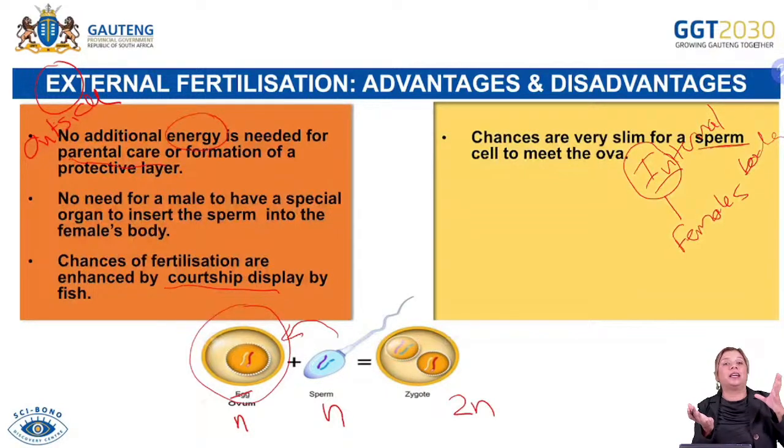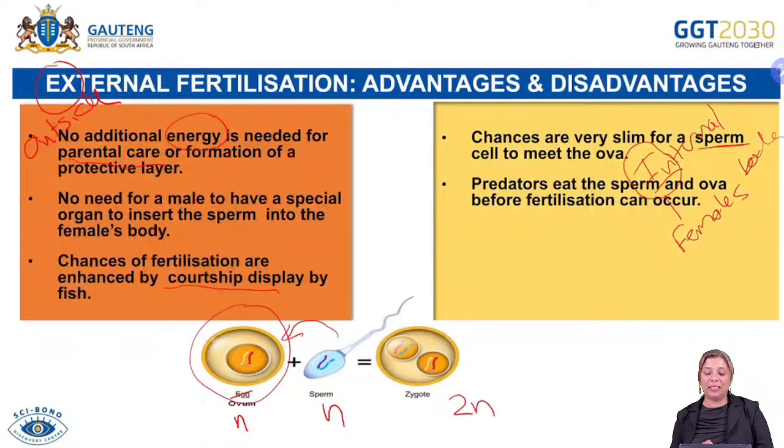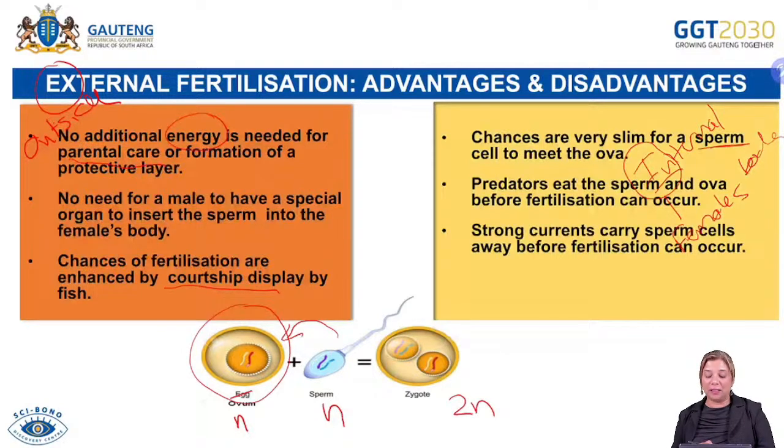But if there is a current or if there is a storm, those eggs might not be fertilized, as well as predators, which we will come to in a short while. So there's a lot of dangers so that the sperm does not meet the ova, okay? Predators eat the sperm. Yeah, some predators actually like to eat the sperm. It's crazy enough, eh? And the ova before the fertilization can occur. And then strong currents carry the sperm cells away before fertilization can occur.